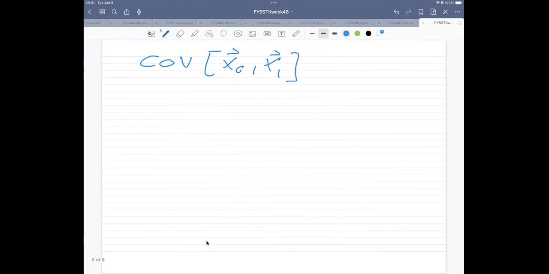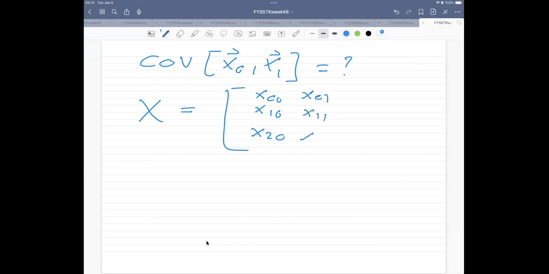And suppose now that the matrix is equal to, so this is the input data, x00, x10, x20, and this is just x01. So these are just data, and x21. And we are going to look at a specific example a little bit later. And we would typically write this as a vector x0 and as a vector x1 here.